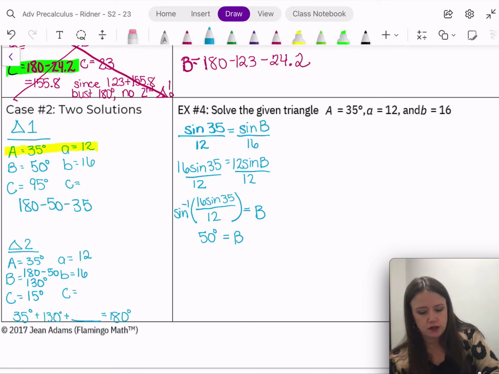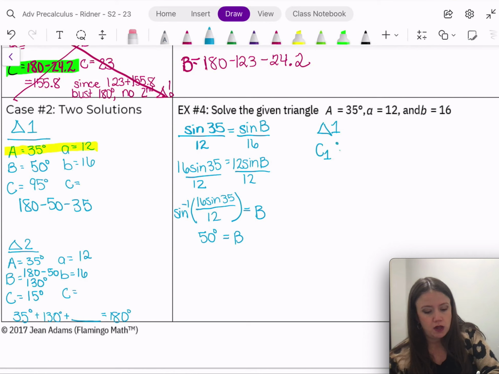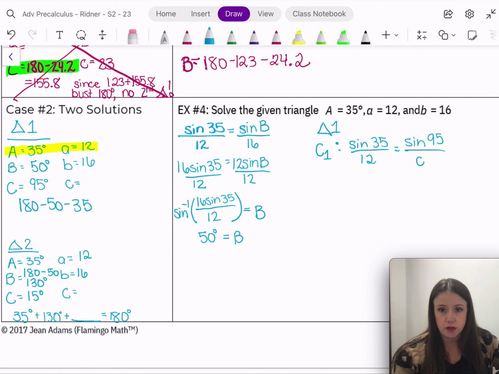So triangle 1, or we could say C1. We would do sine 35 over 12 equals sine 95 over little c. Cross multiply and solve.